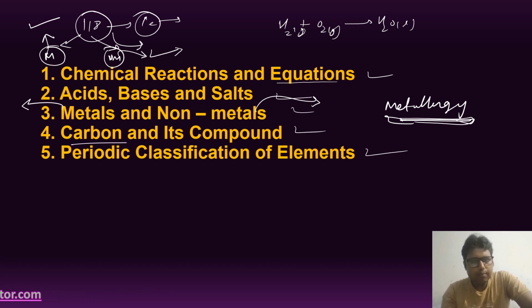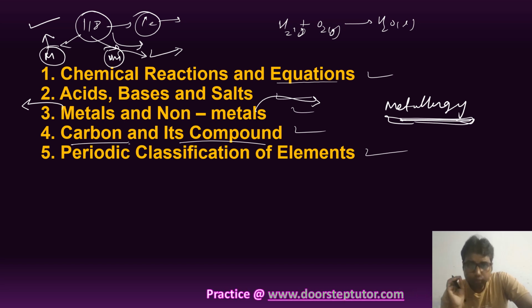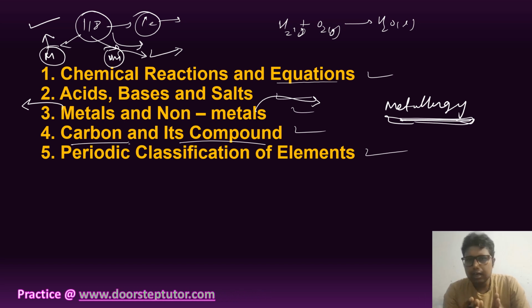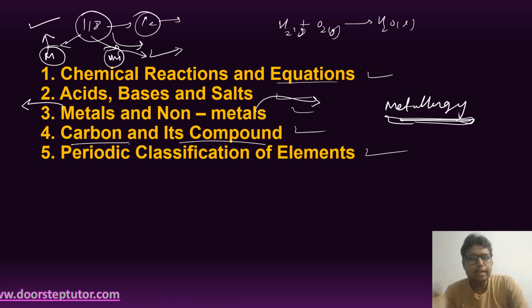And when we talk about carbon and its compounds, we will understand what carbon is and what the two basic properties of carbon are, because of which the occurrence of carbon in nature is very high. We will understand different types of hydrocarbons, like what is alkane, what is alkene, what is alkyne.